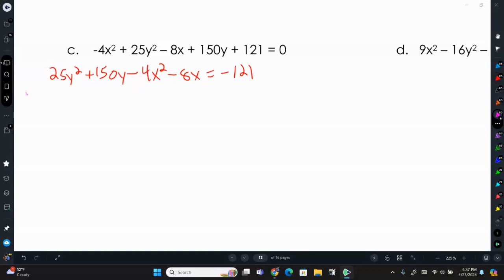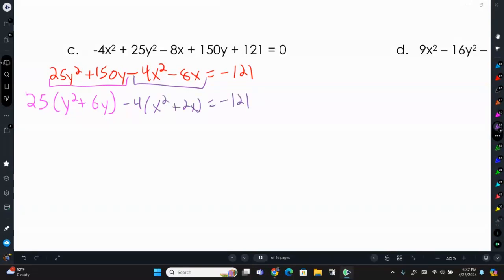And then complete the square. So factor out 25, we're left with y squared plus 6y for this part. Factoring out a negative 4, we're left with x squared plus 2x equals negative 121. Then we complete the square.